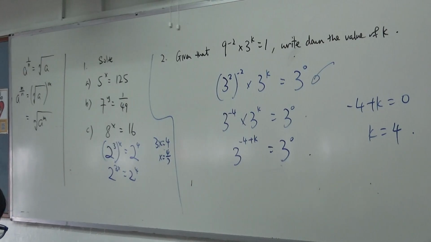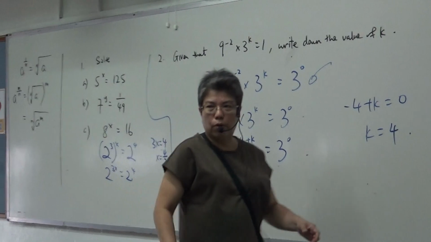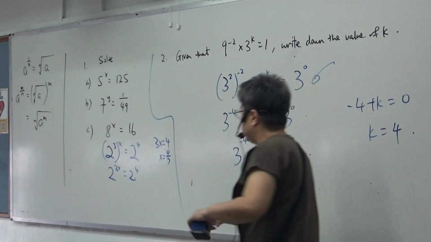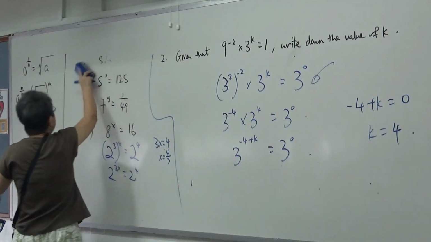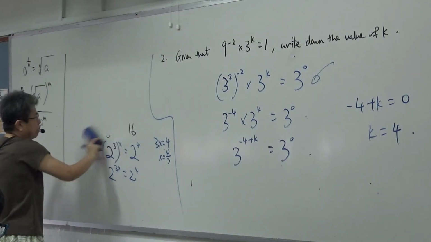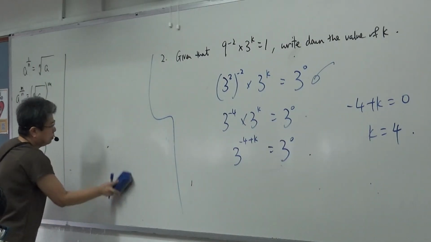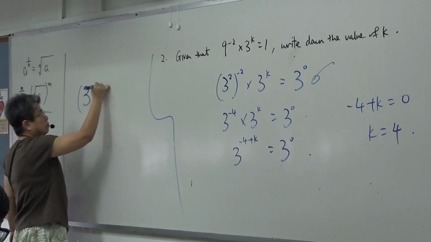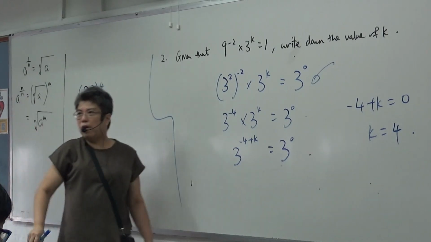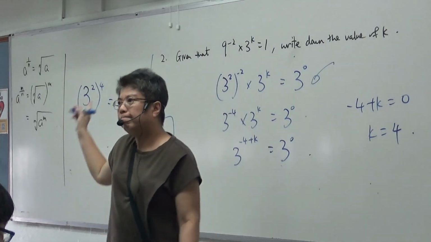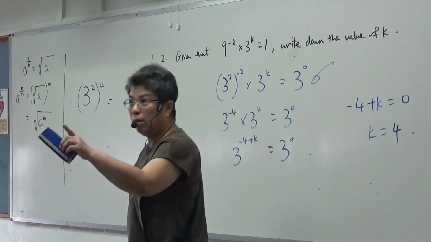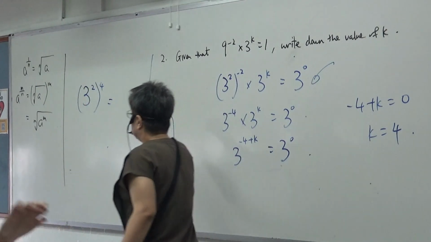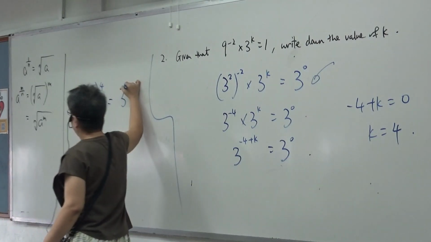Respectful to all of you. Okay? Alright. Now, then I want to test you. I will call names, you answer me, okay? Index form, what's the answer? Don't tell me anything else. 3 to the power of what?